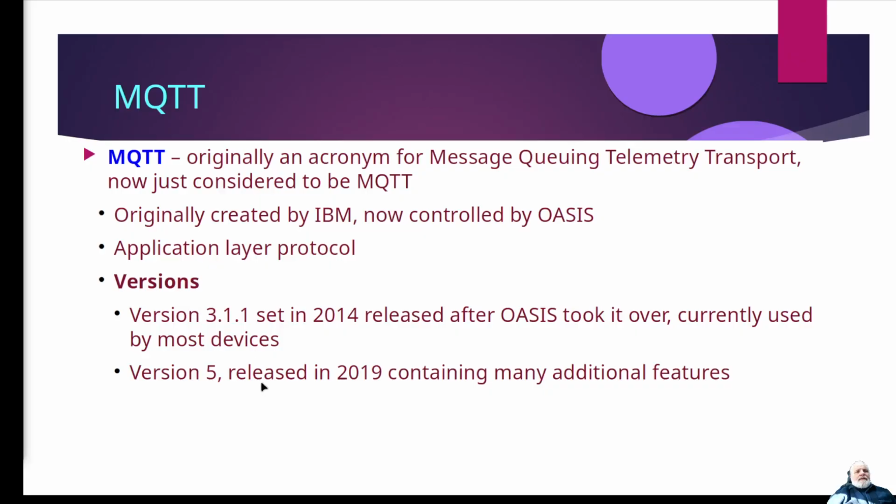But there's several versions. 3.11, even though it's actually over 10 years old now, is actually used quite a bit. It's usually sufficient. They go all the way up to version 5 with extra features if you need them, but a lot of times you don't need those extra features, so it just throws in overhead that you don't need.